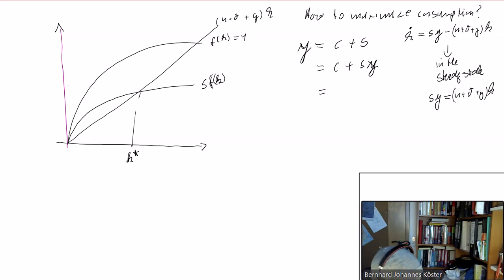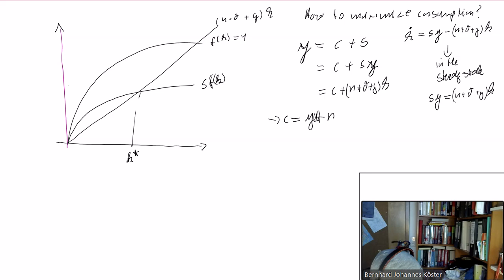So we can rewrite this, and now we obtain consumption is total production minus n plus delta plus g times k.